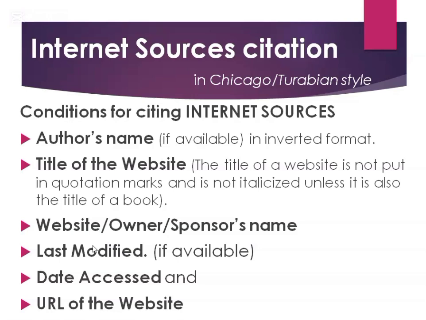But for those that have the dates written on it, please make sure that you insert the specific date this article was posted on the internet. Then after the last modified is the date accessed. This date accessed is the date you as a researcher accessed this particular website. It must be noted. After the date accessed is the URL of the website.